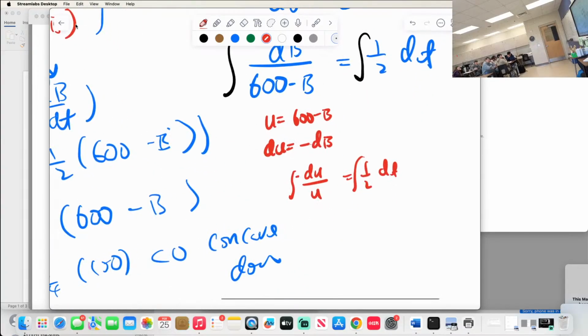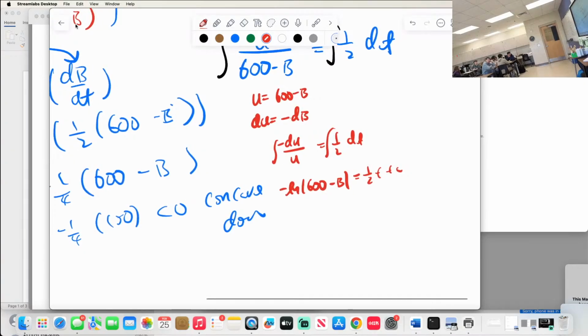And that's going to be negative. So it'll be negative natural log of 600 minus B is equal to 1/2 t plus c. Now I get rid of the negative sign, so it'll be 600 minus B is equal to negative 1/2 t plus c. Any questions so far?